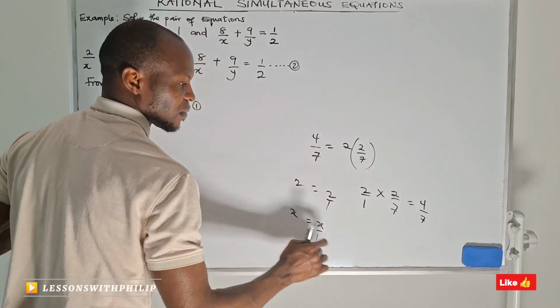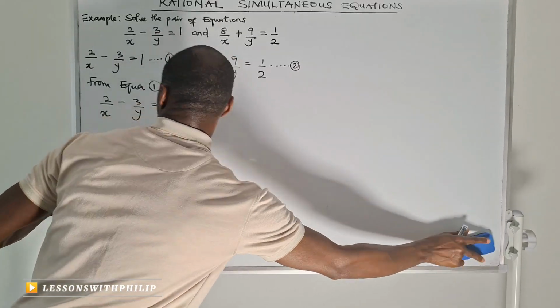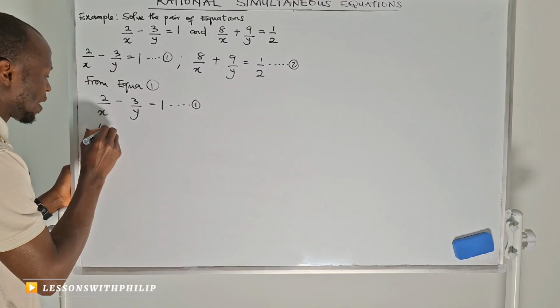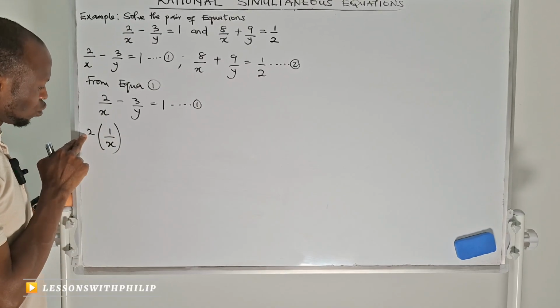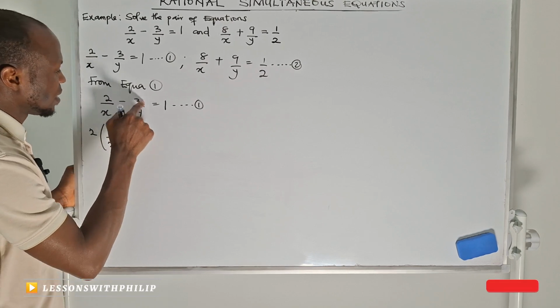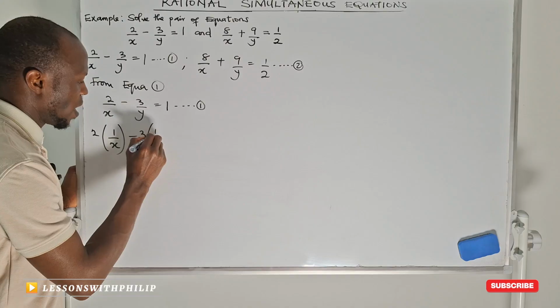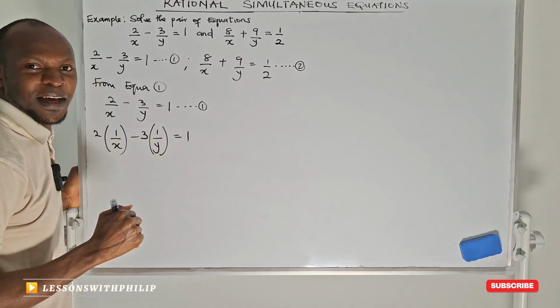Can you see? Now, if you understand what I've done here, it's the same thing as writing 2 into bracket 1 over x. 2 times 1 will give me 2 over x. So minus, this is also the same thing as minus 3 into bracket 1 over y equals 1.